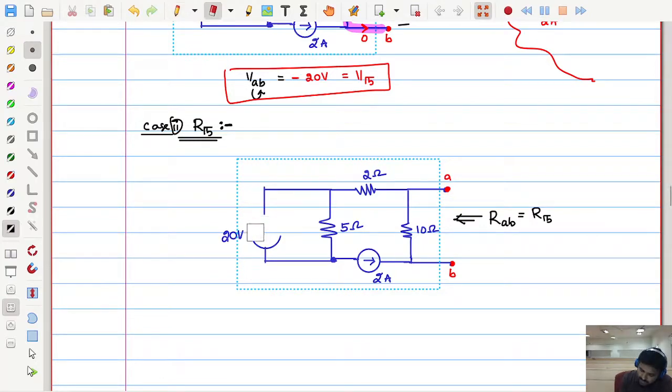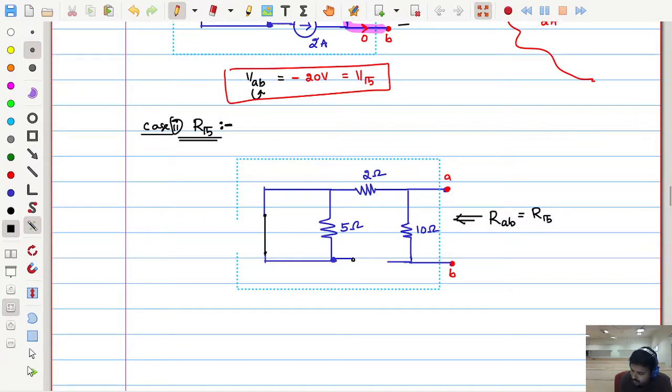That means voltage sources are replaced by, tell me, how can I make this zero? By shorting, short circuit. How can I make a current source zero? By opening. Now observe. This has become 0 in parallel with 5 ohms, and that entire thing is 0.